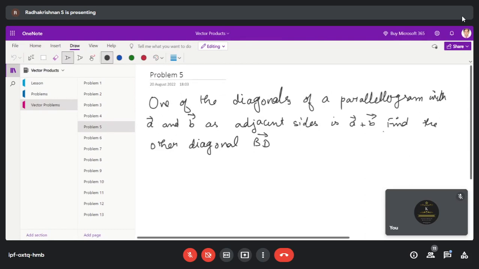Okay. So now one of the diagonals of a parallelogram with A and B as adjacent sides is A plus B. Then find the other diagonal BD. Let's draw a diagram for this.